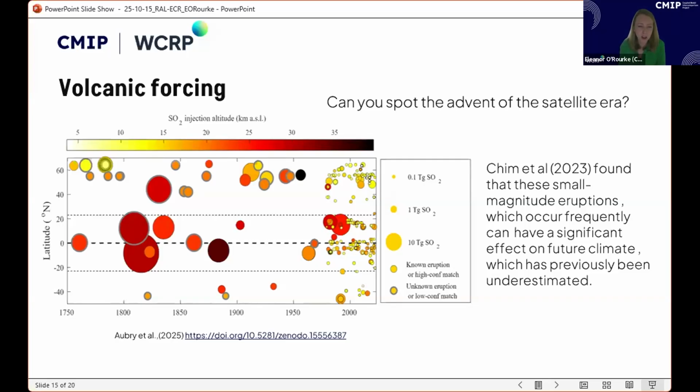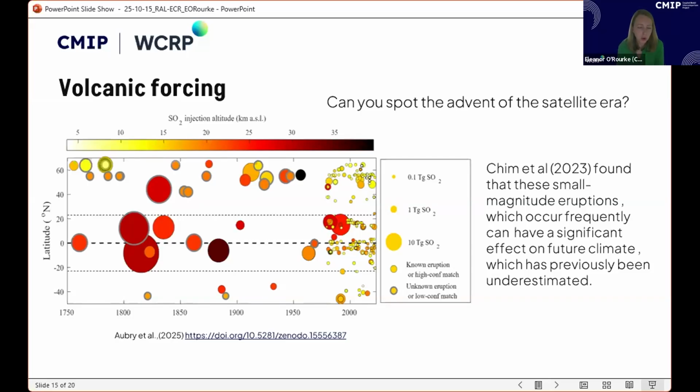So on the right of the image here, you can see a lot more wee circles. And that just shows that there's a lot more of these small magnitude eruptions being detected. Before the satellite era, you're looking at things like ice cores and other paleo indicators of volcanic eruptions.